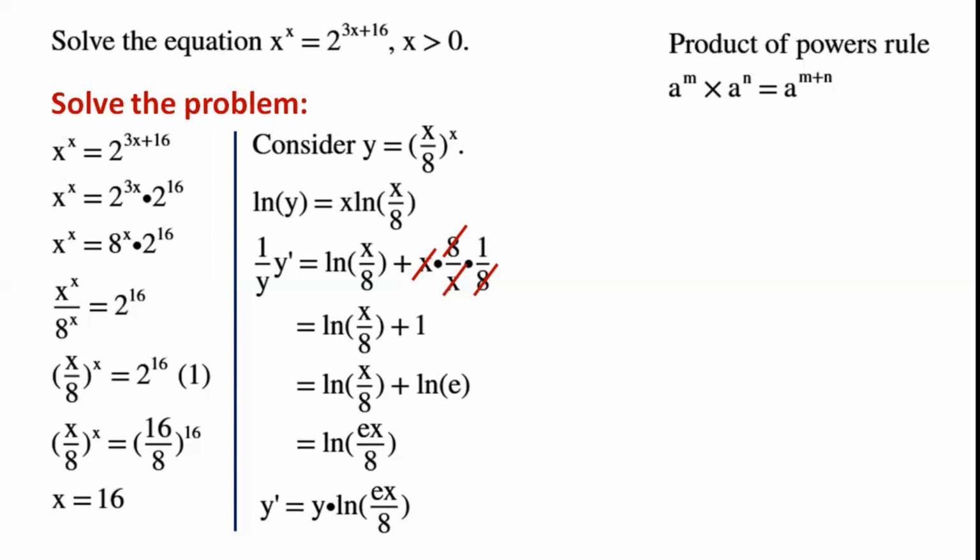So y dash equals y times ln (e x over 8).